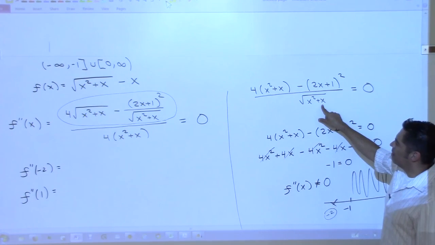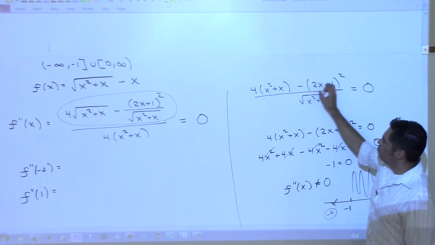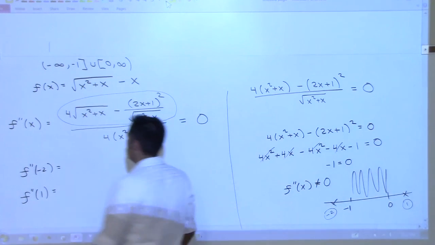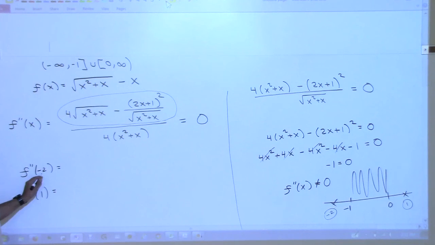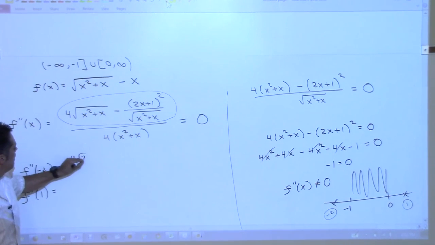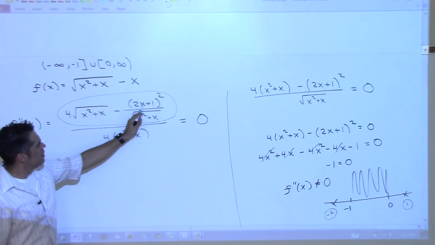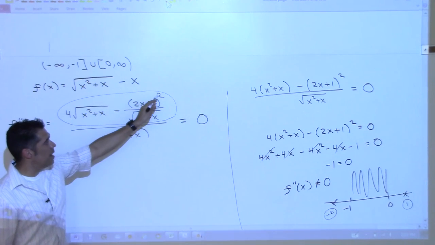This was only the numerator, right? I'm just going to plug them in. It's not going to be too hard. If I plug in negative 2 right here, this gave me 2. So that was 4 root 2 minus, now what happens if I plug negative 2 in here? Negative 4 plus 1, negative 3, but squared.